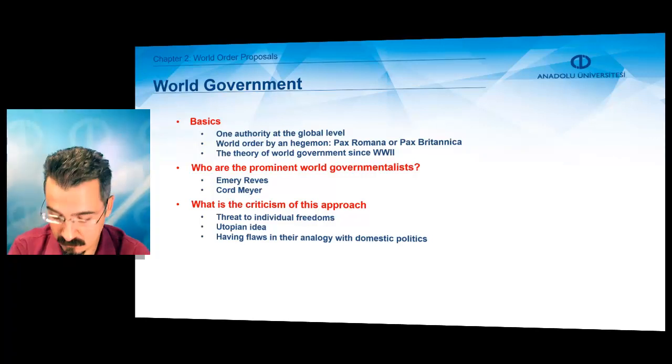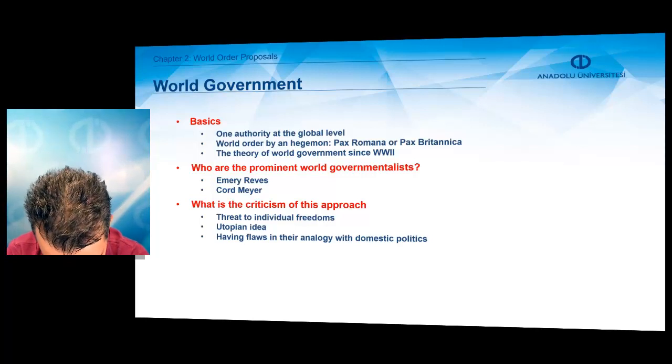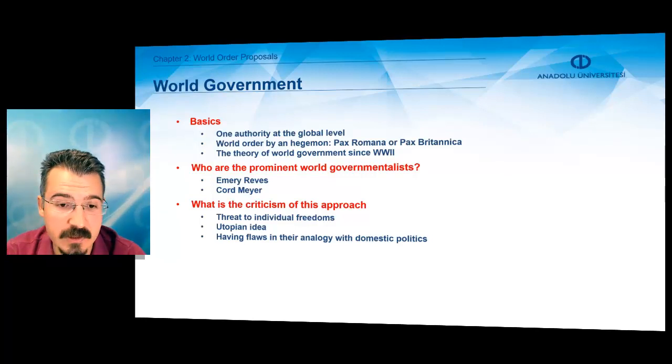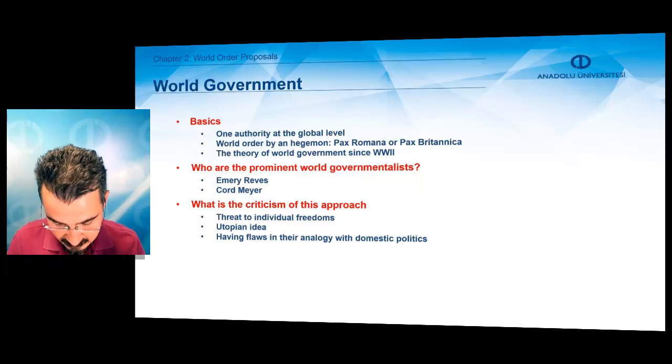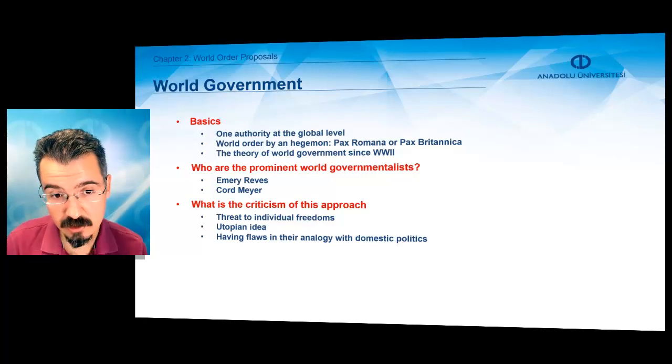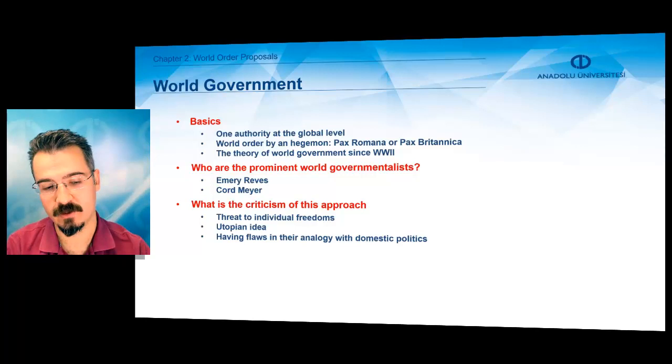So this is the solution for Reeves to war. Another prominent advocate of world government is Kurt Meyer. He argues that we can turn the United Nations into a world government, for instance.